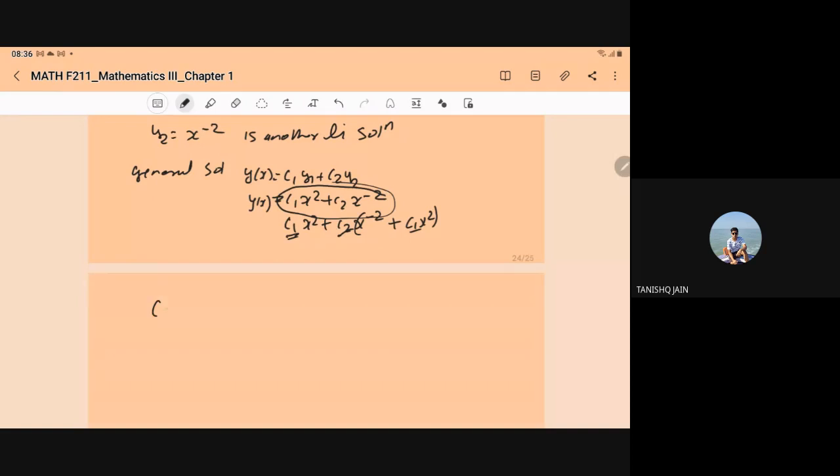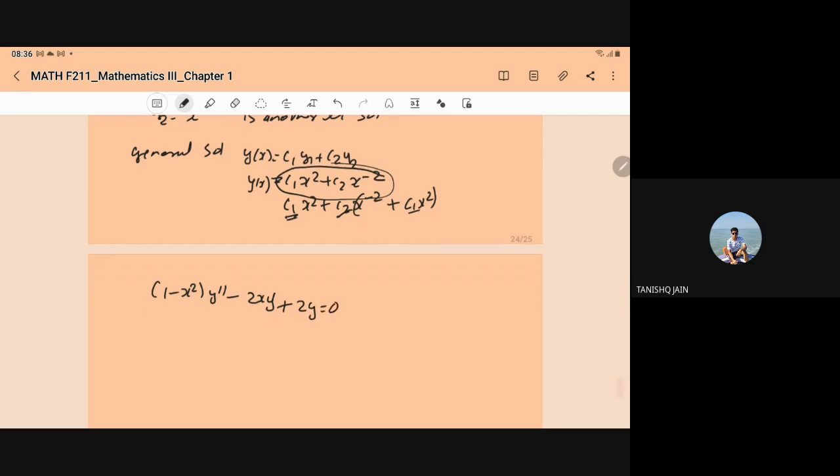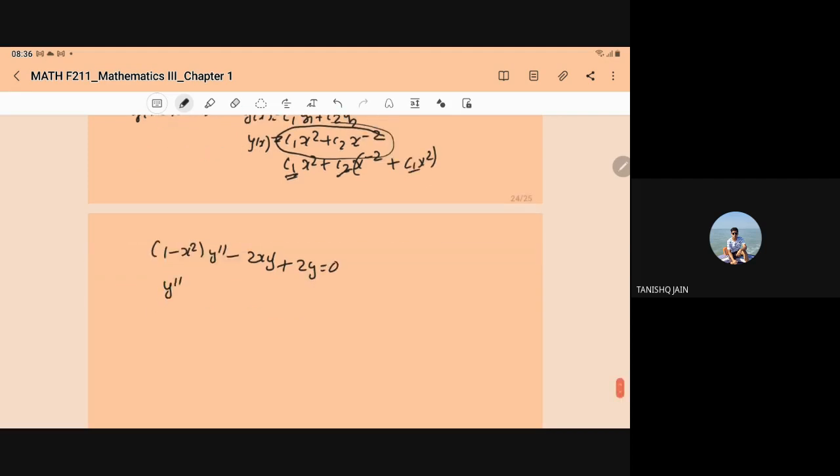So what is the given equation? 1 minus x square y double dash minus 2x y dash plus 2y is equal to 0. So it can be written in the standard form y double dash minus 2x upon 1 minus x square y dash plus 2 upon 1 minus x square y is equal to 0.